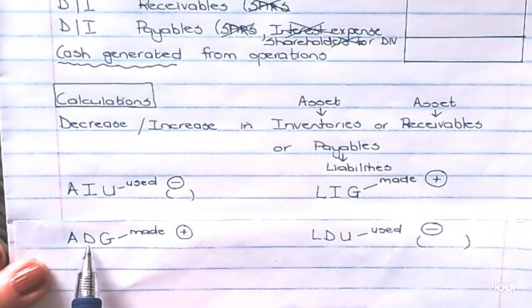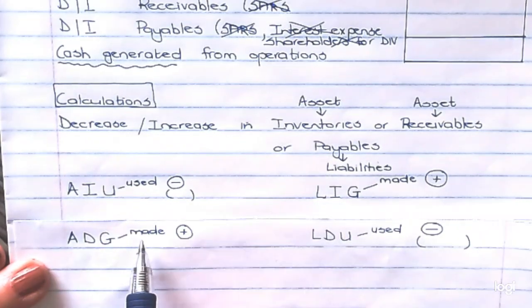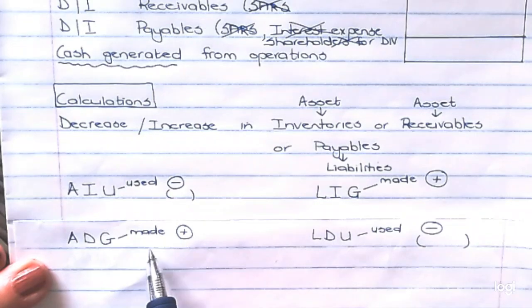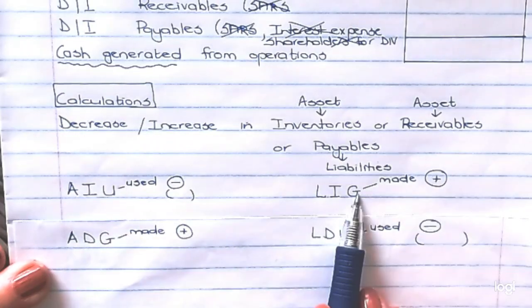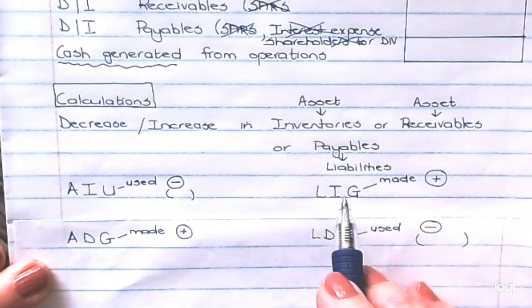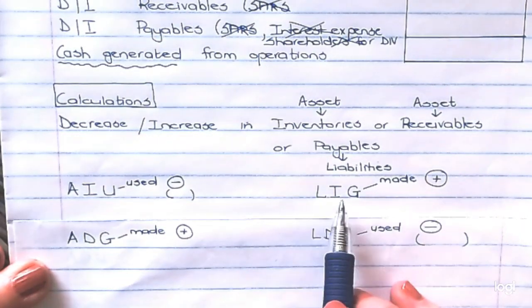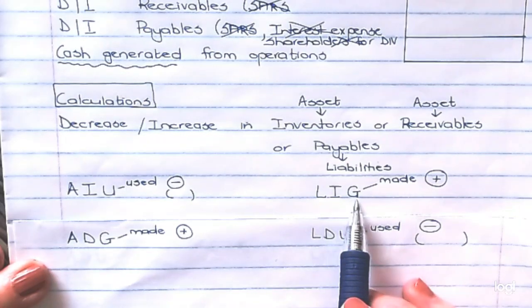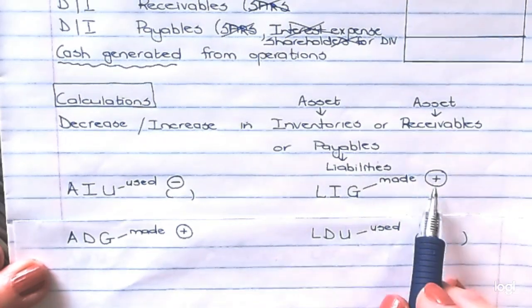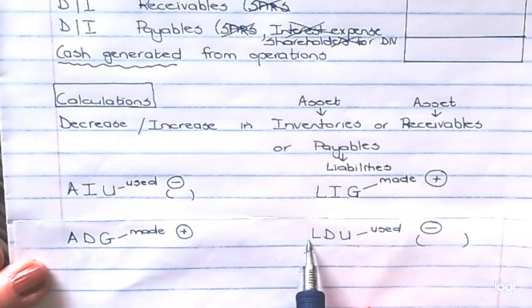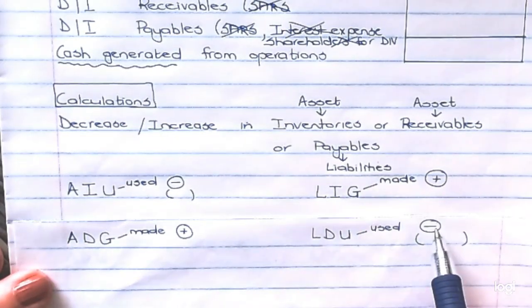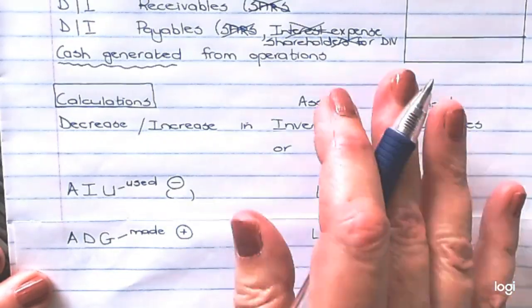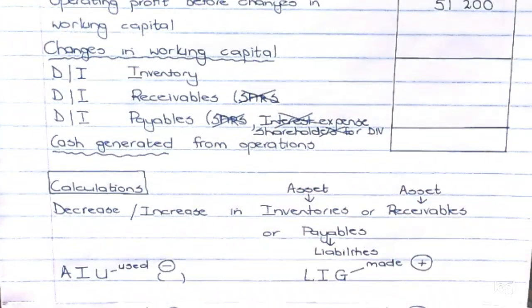When assets decrease, money is made, or generated, so your answer is positive. I try to remember just the AU leak, and these are just the opposite. So the leak: when liabilities increase, money is made, generated, positive answer. When liabilities decrease, money is used, so it's a negative answer.